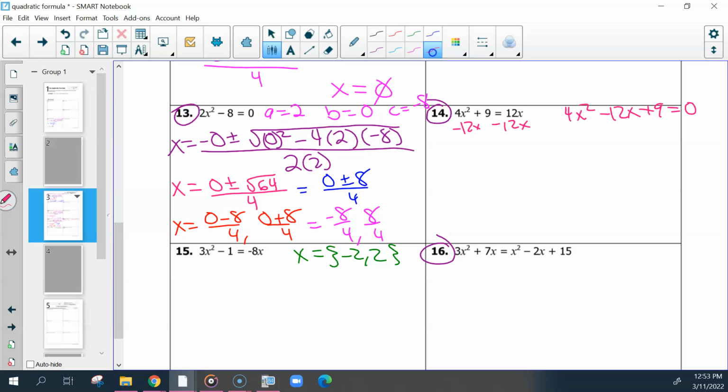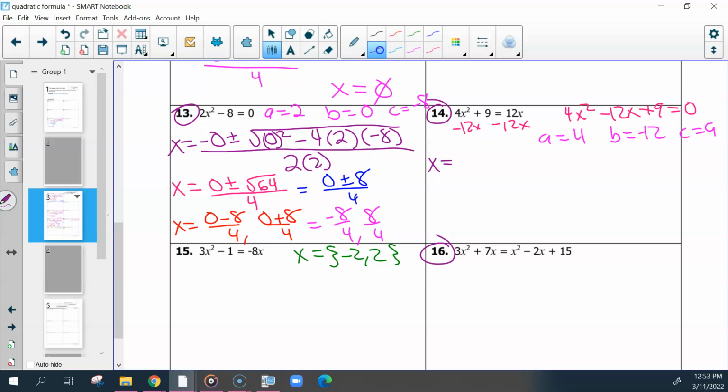Now we can list out our A, B, and C values, which are what? 4 and 12 and 9. 4, 12 and 9. And then we can start putting those values into our formula.